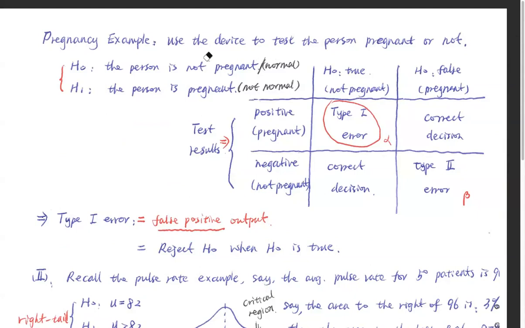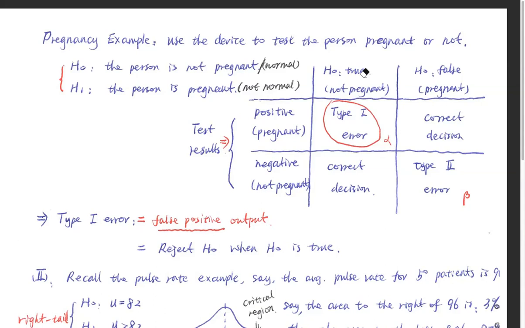There's another case that we see in reality, the test for whether someone is pregnant or not. Usually there is some testing device, as simple as one simple device, or as complex as going to the hospital to get some blood for testing.